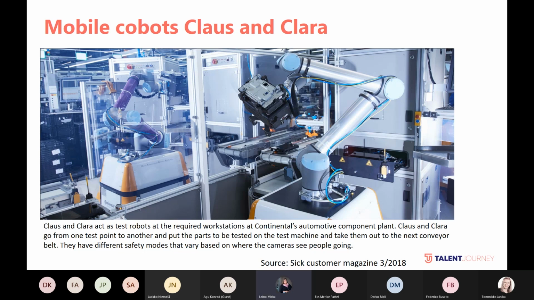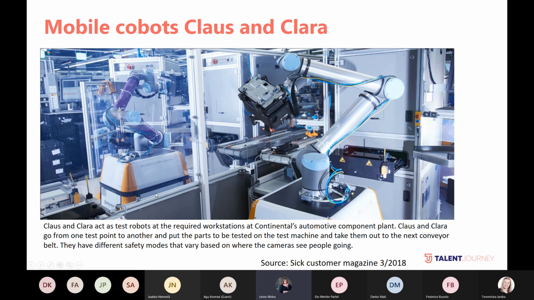We can see a mobile robot here and here. If I remember correctly, this is Klaus and this is Clara. I'm not sure how it's pronounced.